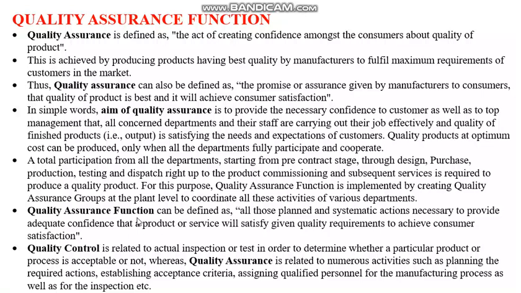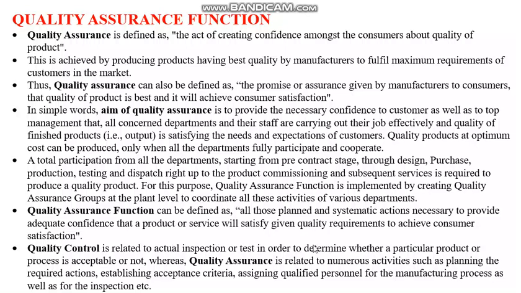Next, quality assurance function can be defined as, this is the third definition we are seeing, all those planned and systematic activities necessary to provide adequate confidence that a product or service will satisfy given quality requirements to achieve consumer satisfaction.